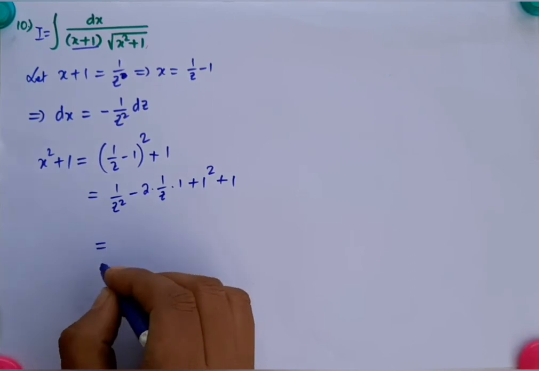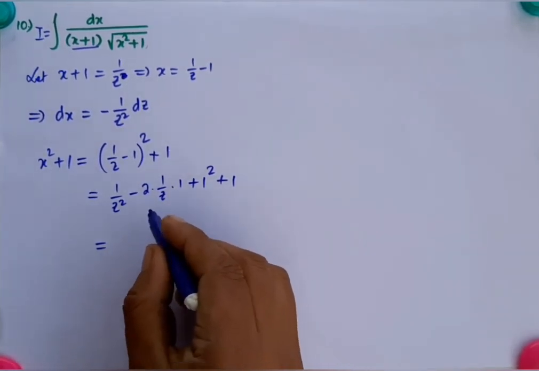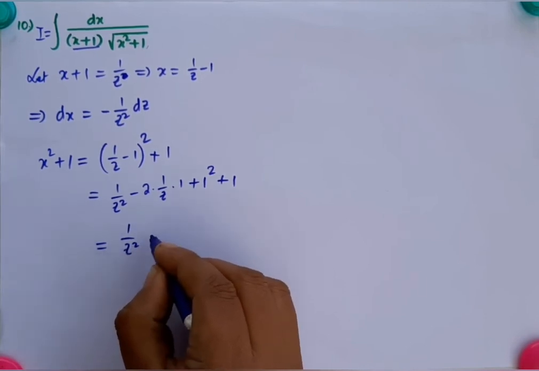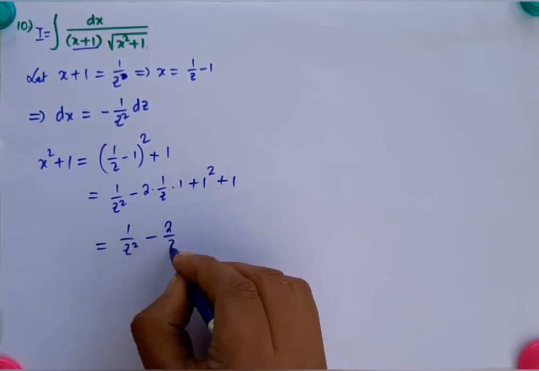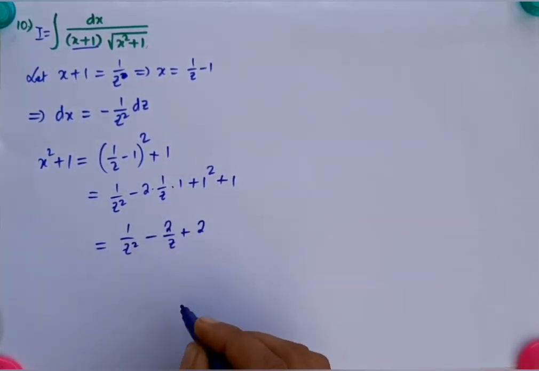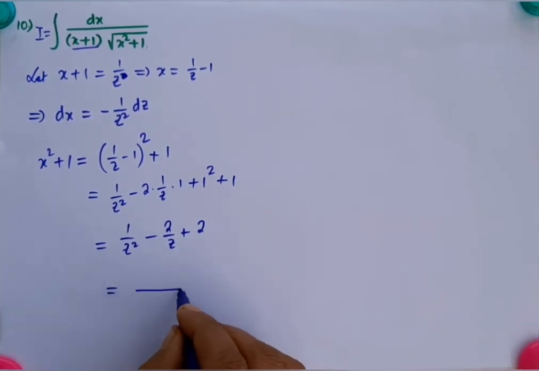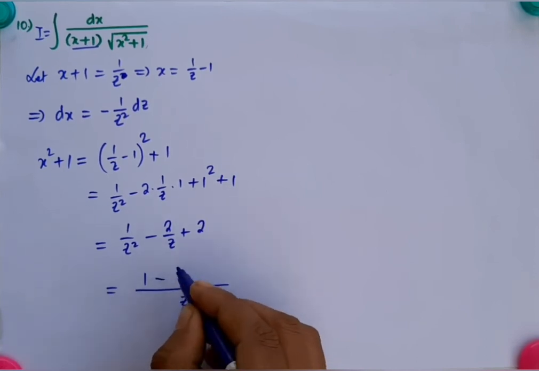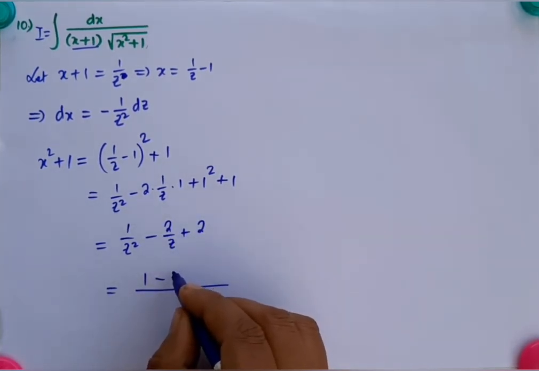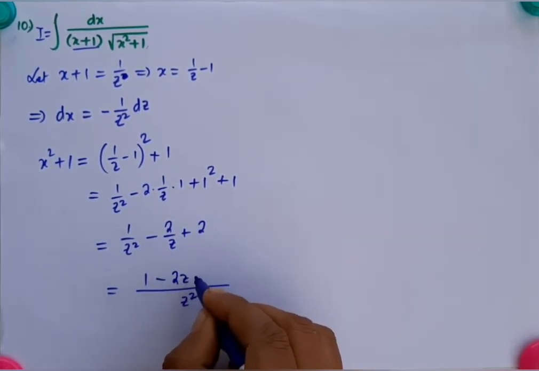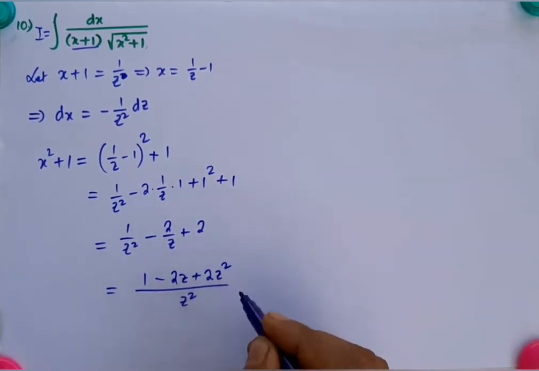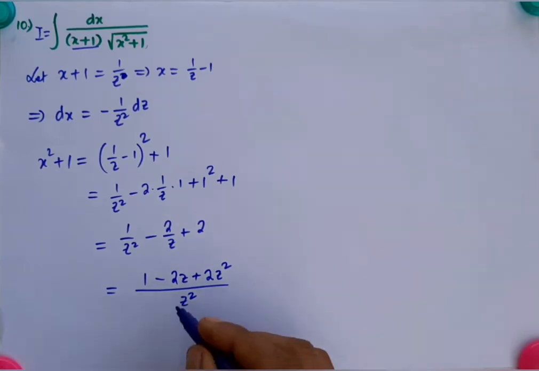So this turns out to be 1 by z square minus 2 by z plus 2, isn't it? If you want to take the LCM, z square is the LCM, so you'll get 1 minus 2z plus 2z square. So x square plus 1 turns out to be this much.